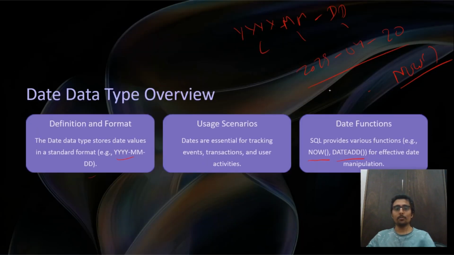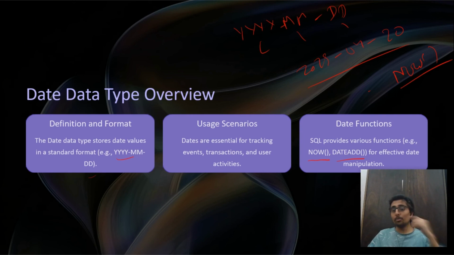I think you understood this. This is data accessible for tracking events, transactions, and user activities. So this is one scenario. And also if you want to report timelines, these things are used.